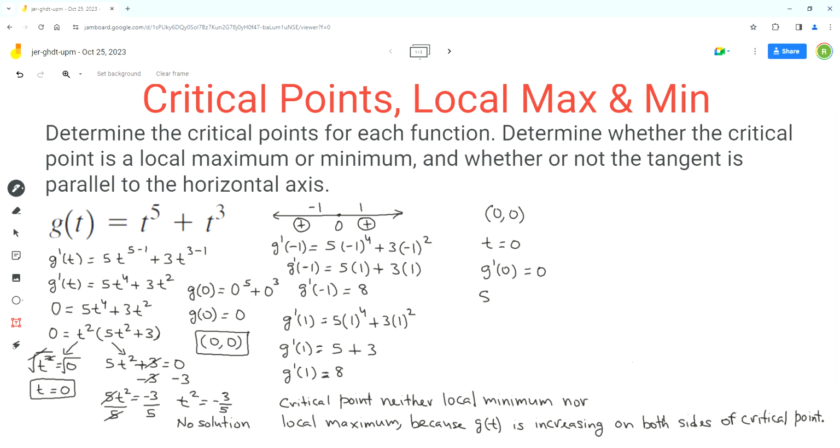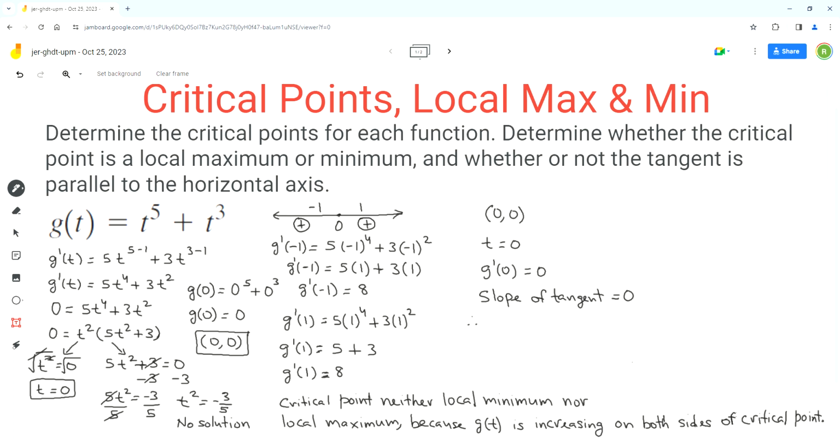So I can explain it here. The slope of tangent equals 0. And we know if the slope of the tangent is 0, that means the tangent is horizontal or parallel to the horizontal axis.